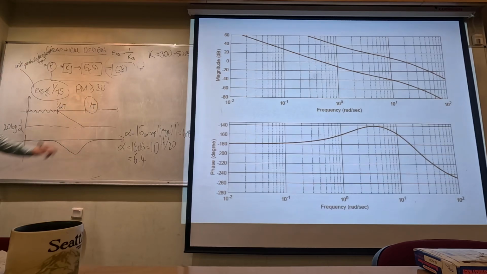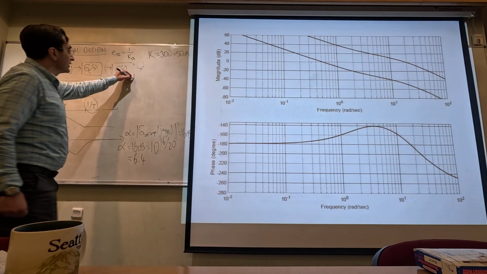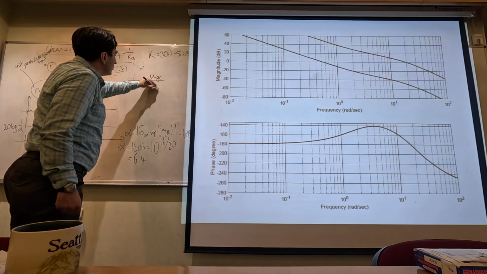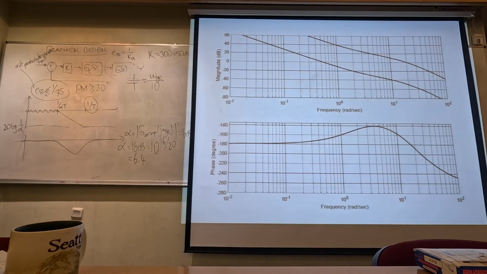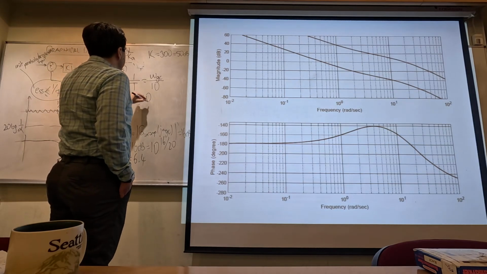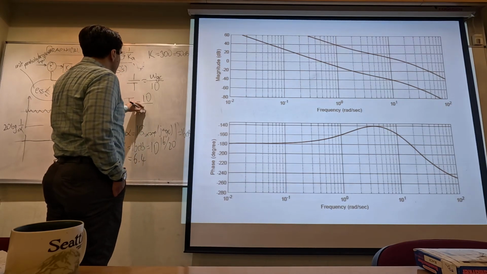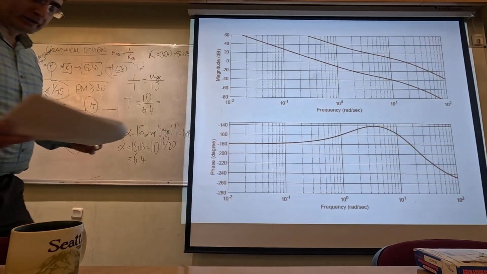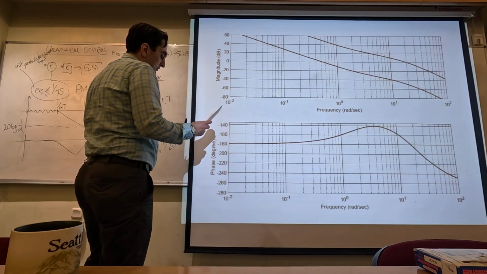That is why I choose this larger corner frequency, 1/T, at least 10 times below the new gain crossover frequency. So that actually means that T is going to be 10 divided by omega gc, 6.4, which is going to give me approximately 1.7.